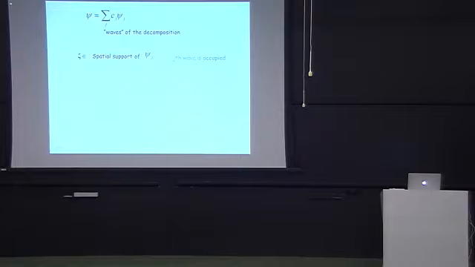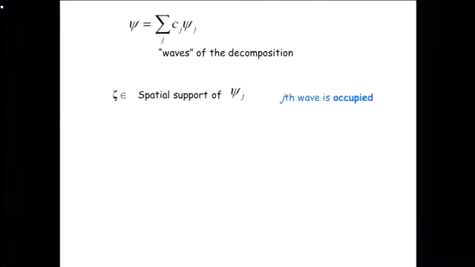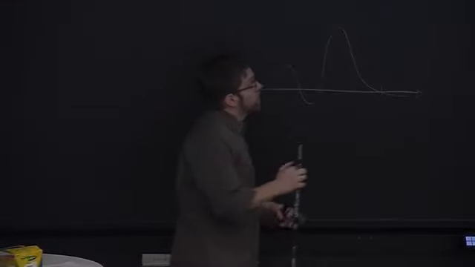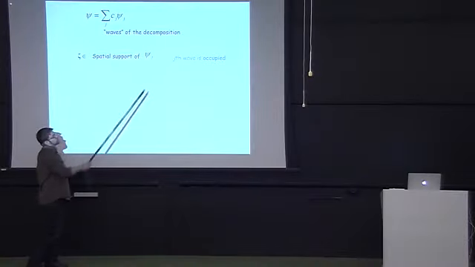So if I have some wave function like this, then the spatial support will be that region where this wave function differs appreciably from 0. So this would be just a one-dimensional space, but it's the same with any dimension of space. So if the Bohmian position lies inside the support of psi j, then we'll say the jth wave is occupied.